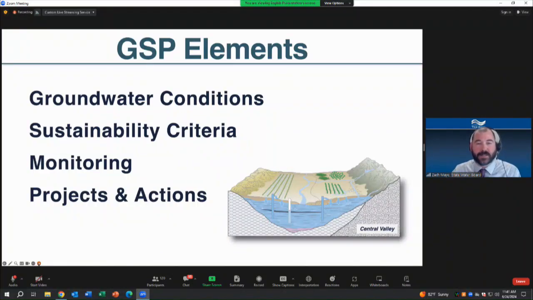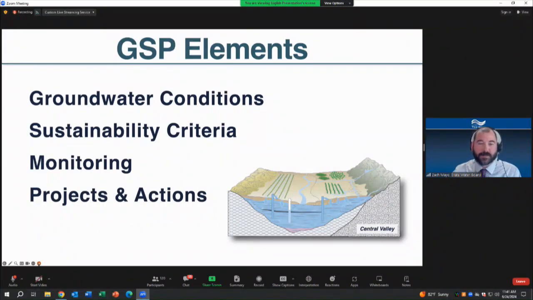In general, these plans describe groundwater conditions, which describe the basin; sustainability criteria, which provide clear metrics for agencies to evaluate their management and determine if they are on track to achieve sustainability and if they are avoiding undesirable results; monitoring, which is how agencies measure how the basin is progressing towards its goals.